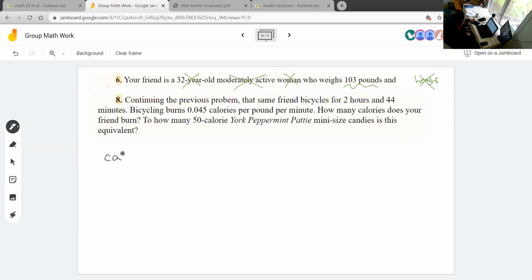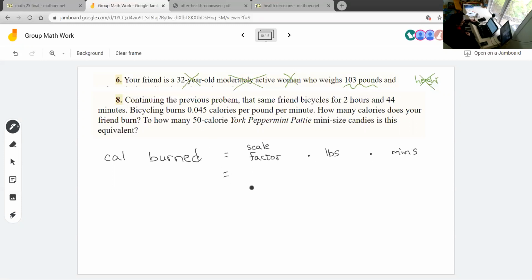Okay, so let's start. So calories burned is that scale factor times pounds times the minutes.